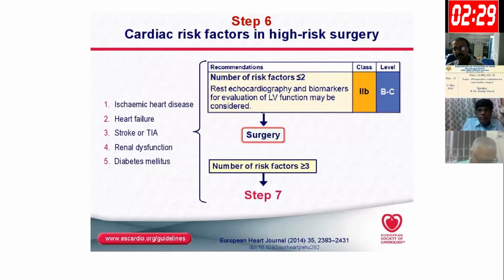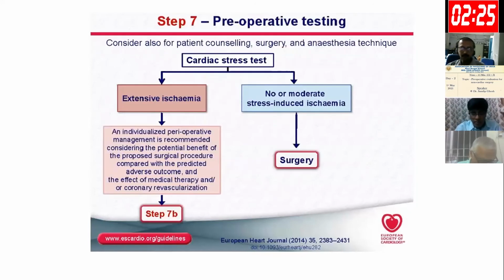Whereas if the number of risk factors is more than 3, then we can go for cardiac stress testing. If there is extensive ischemia, then we can go for revascularization in those patients before going for surgery. Or if there is no or moderate stress-induced ischemia, then we can proceed for the surgery in those groups.